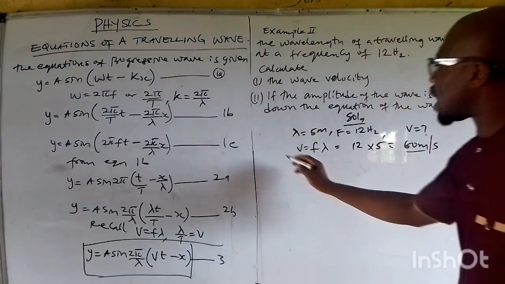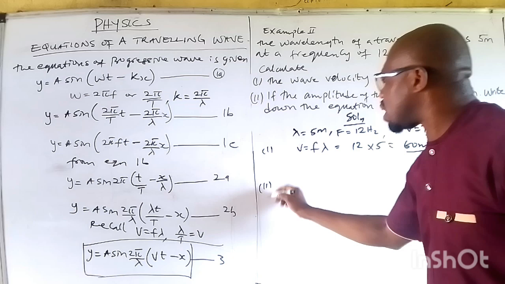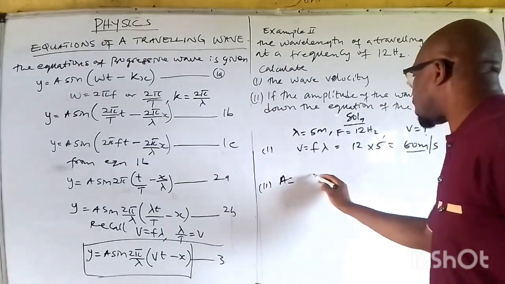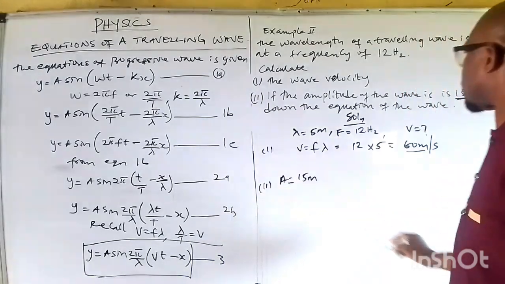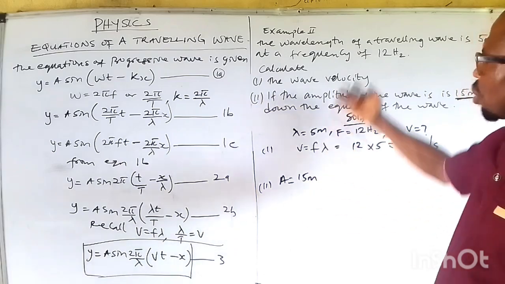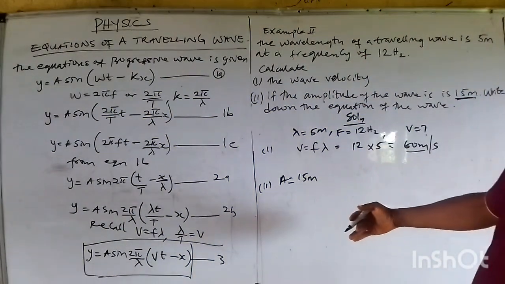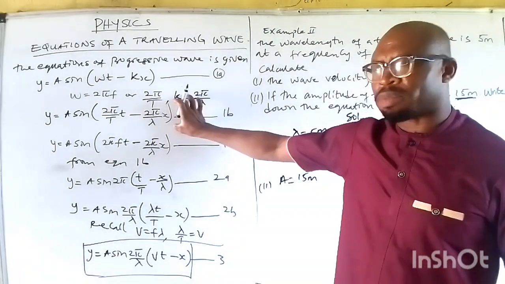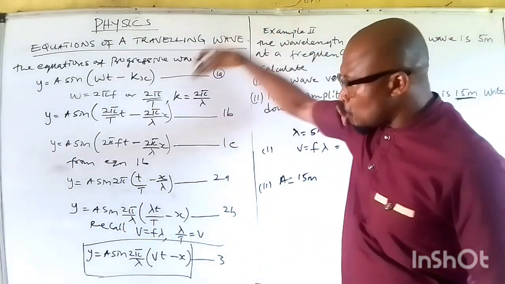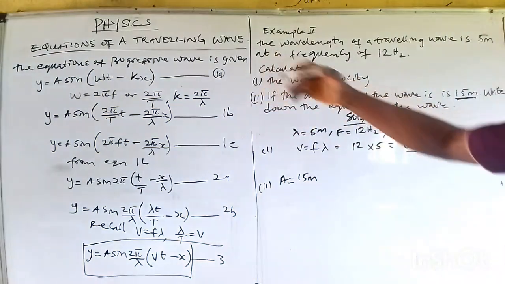Now, the second question says, given that the amplitude of the wave is 15 meters, write down the equation of the wave. Now, given this, the first one, we are given something like this, and we're asked to reduce it. Now, they want us to give an equation like that.